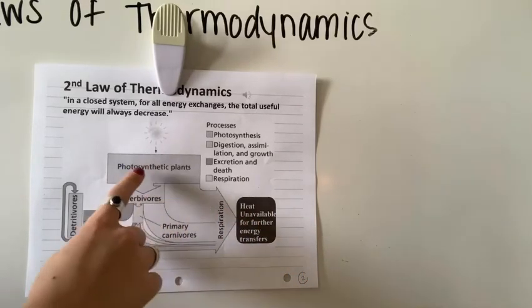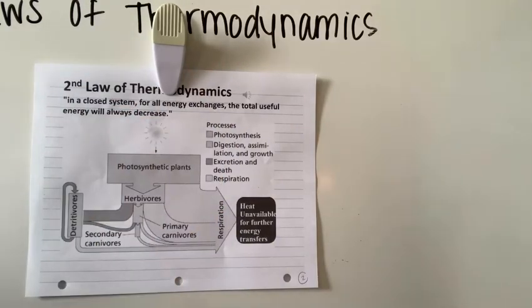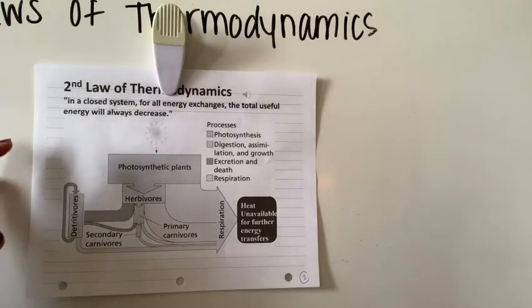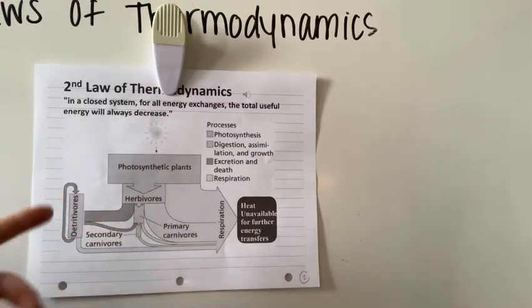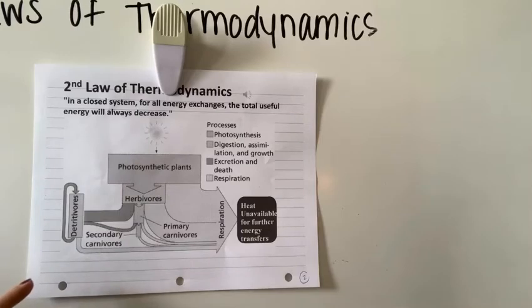Once those plants photosynthesize that energy, then we have herbivores, like your rabbits, small mammals that eat those plants, and then they carry on the chain of energy. I want you to keep in mind, while this is all going on, the total useful energy is going to decrease as we move on throughout the flow chart.